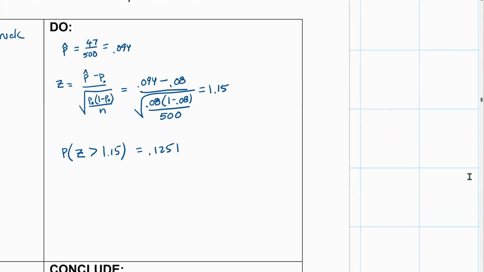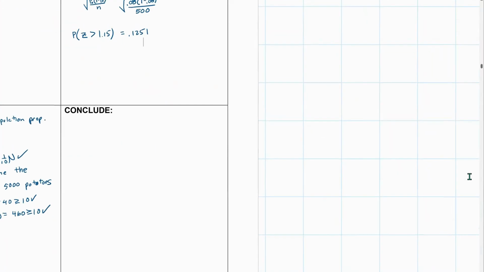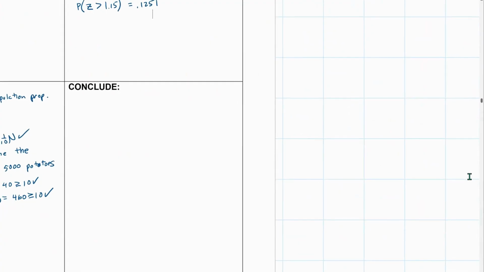So let's go ahead and take that p-value that we just calculated and interpret it in context. Because the p-value of 0.1251 is greater than the alpha value of 10%.